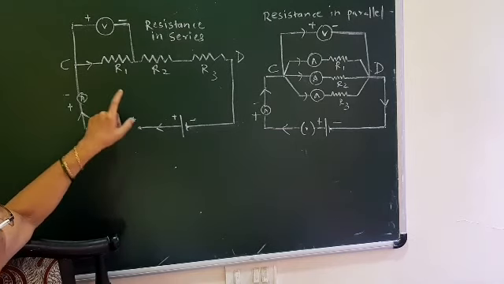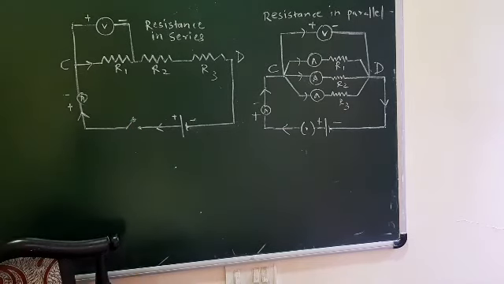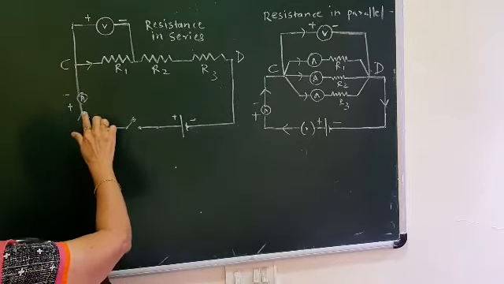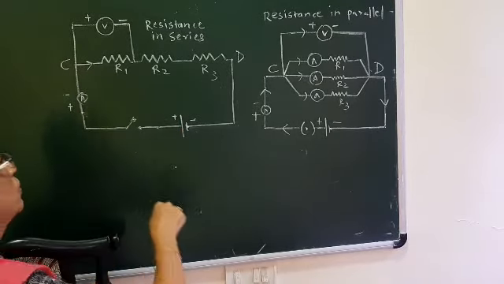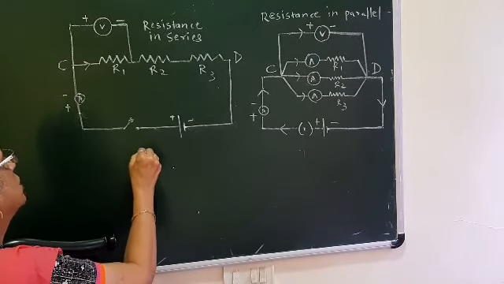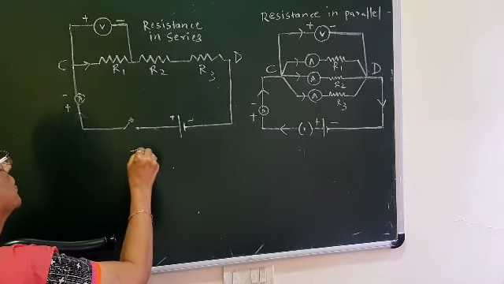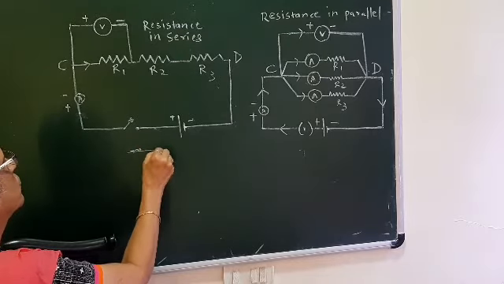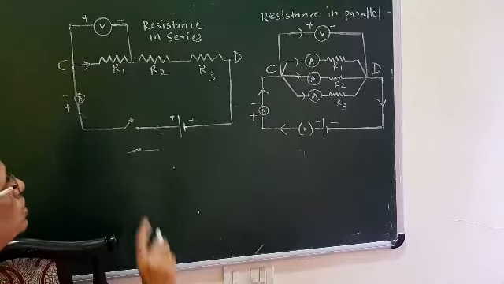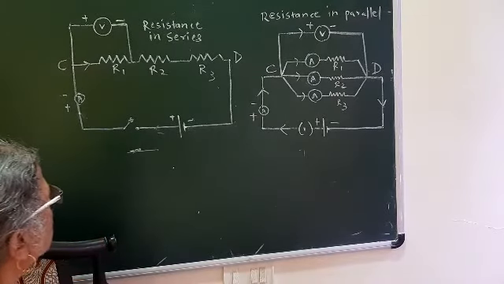Another thing: here they have shown an open key, so it is not necessary to show the direction of current. But whenever you have a closed key, you have to show the direction of current like this, from the positive terminal to the negative terminal. These two things you have to remember.